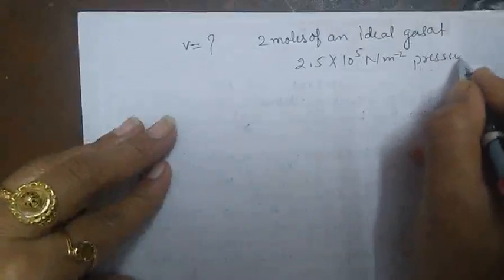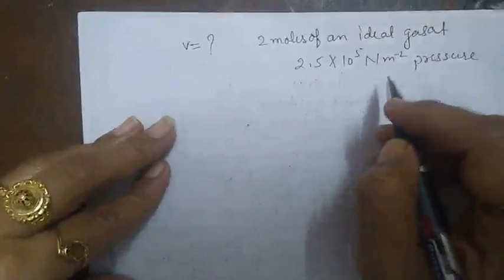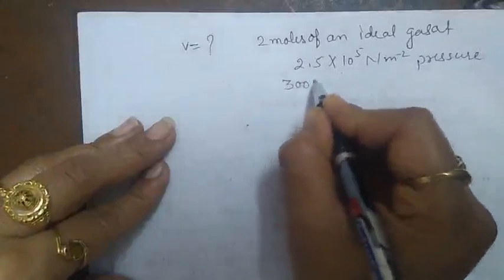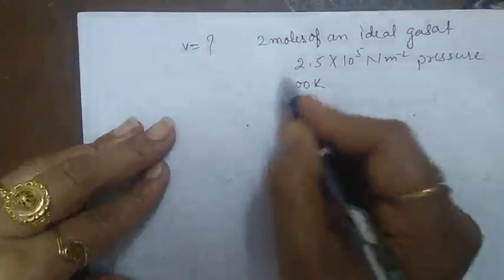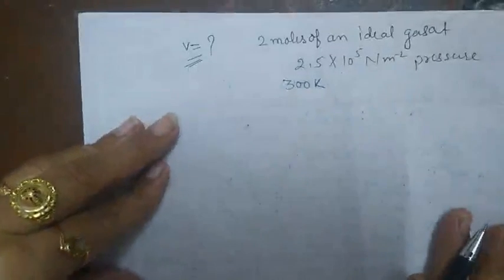It means the value of the pressure is 2.5 multiply 10 to the power 5 and at 300 Kelvin. It means the temperature is 300 Kelvin and we have to find the volume.